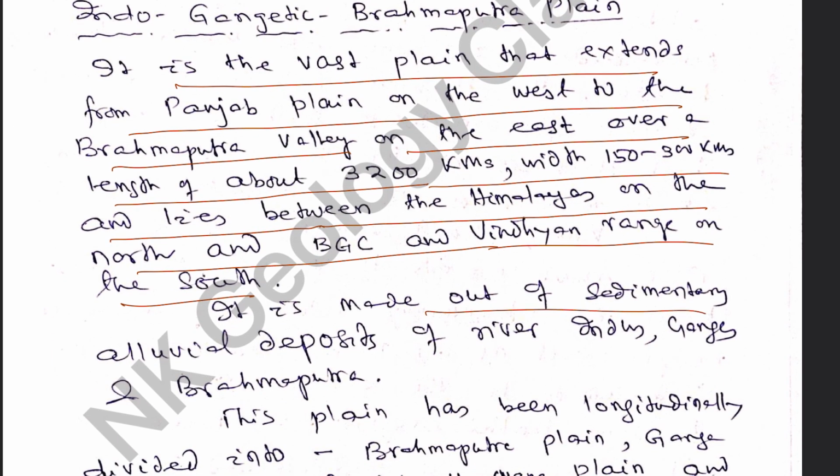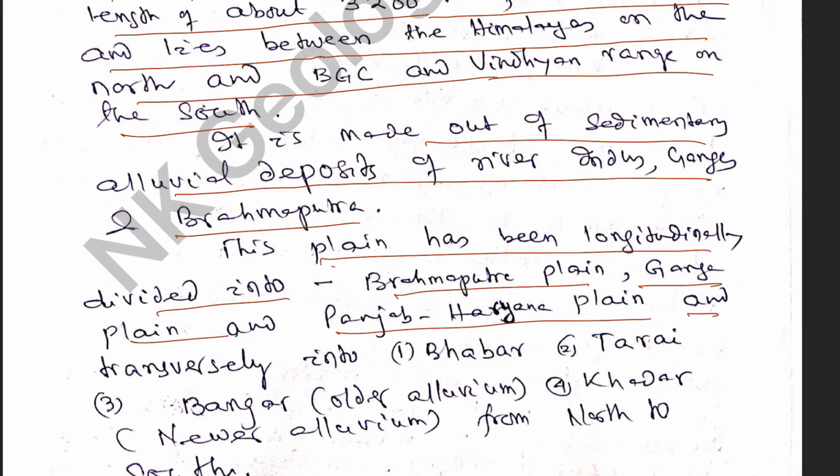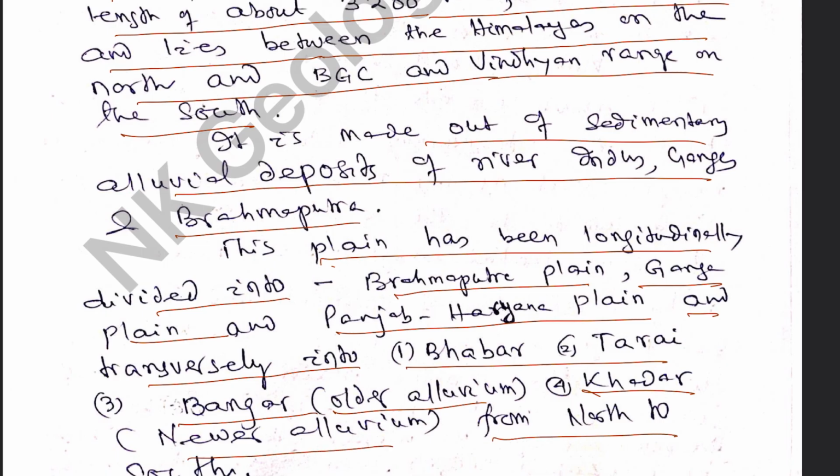It is made out of sedimentary alluvial deposits of rivers such as Indus, Ganges and Brahmaputra. This plain has been longitudinally divided into Brahmaputra plain, Ganga plain and Punjab Haryana plain, and transversely into Bhabar, Tarai, Bhangar, which is older alluvium, and Khadar, which is newer alluvium, from north to south.